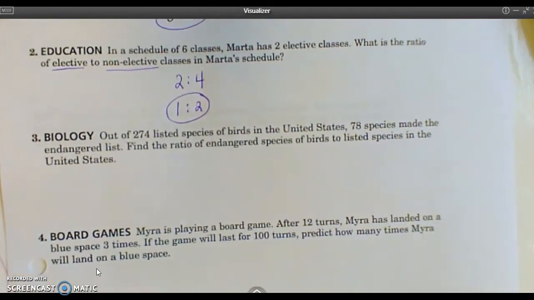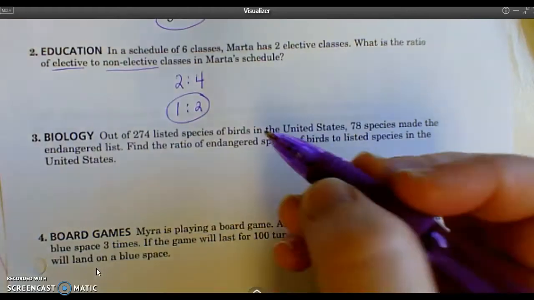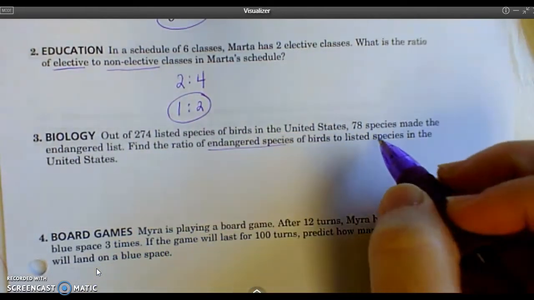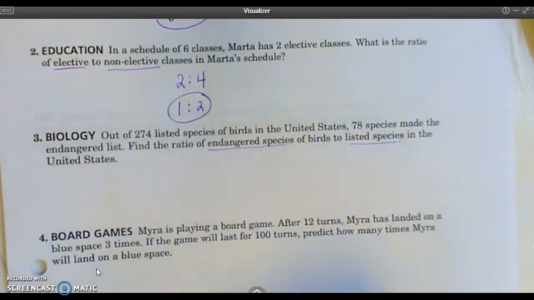Okay, number 3, out of 274 listed species of birds in the United States, 78 species made the endangered list. Find the ratio of endangered species to the listed species in the United States.